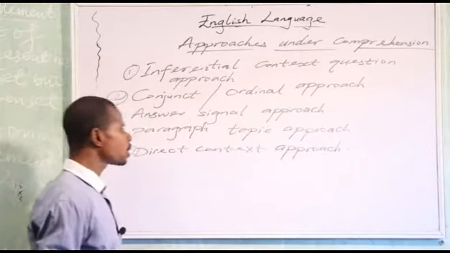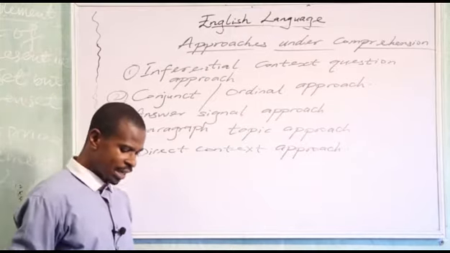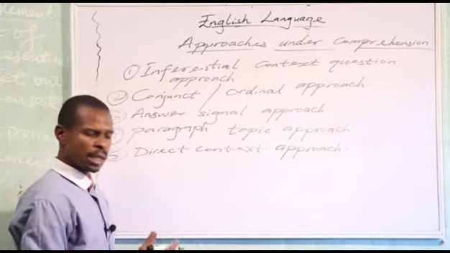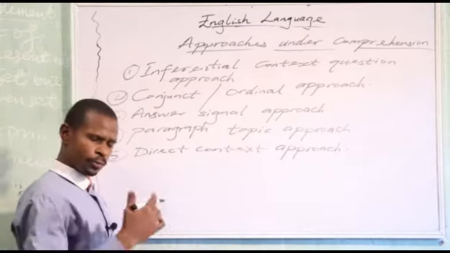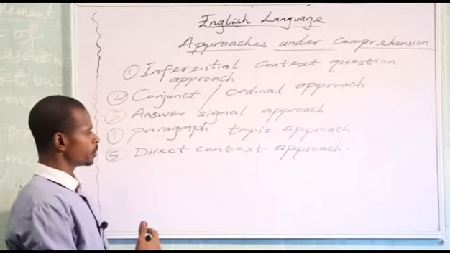Under the direct context approach, we have some facts and information presented in the passage. Fact about the protagonist, fact about the location, fact about what really occurred in that particular passage.